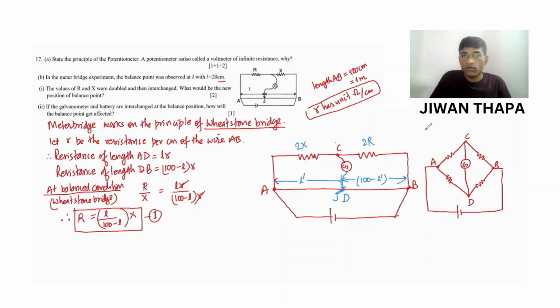So what do you find now? We find R and X are doubled and the position is interchanged. So now we have twice X between A and C and twice R between C and B. So I'm writing in this way.